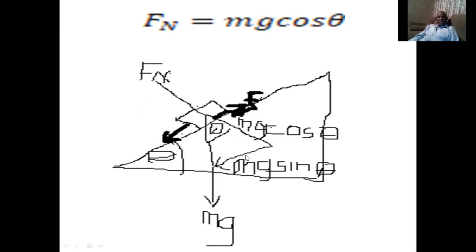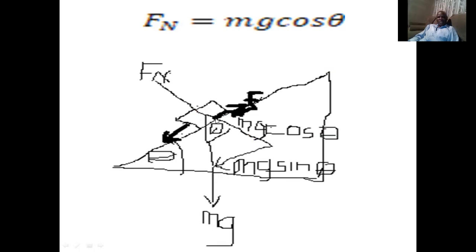The other side, which is opposite to this angle, is represented by mg sin theta, and it is the same as this side, since this is parallel. So today we'll look at an object resting on an inclined plane.